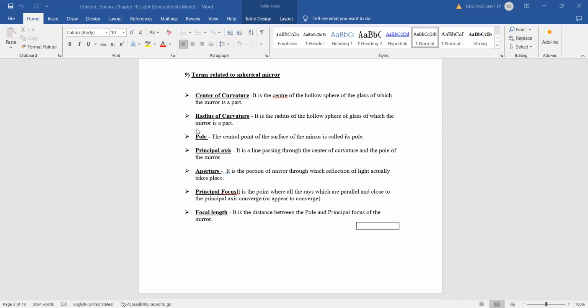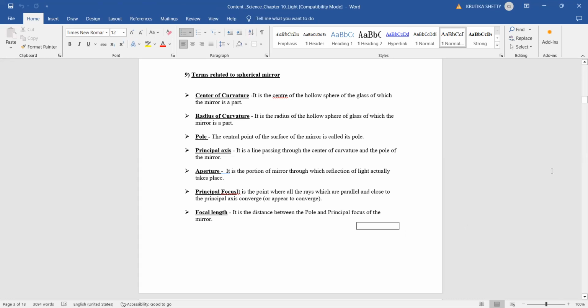So for that reason they are using that word appear. Otherwise, simply they can say it as the converging point, but they are not specifying it as a converging or diverging point. It just appears to converge at that point, meaning meeting at that point, or it appears to go from that point. That is called the principal focus. Okay.